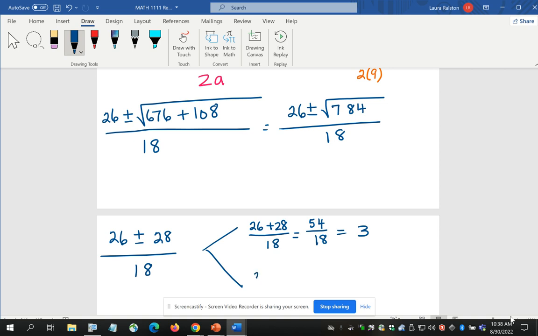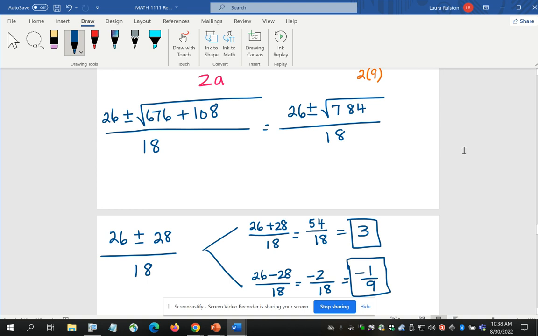We also have 26 minus 28 over 18. That gives us negative 2 over 18, which simplifies to negative 1 over 9. So our two answers using quadratic formula are 3 and negative 1/9.